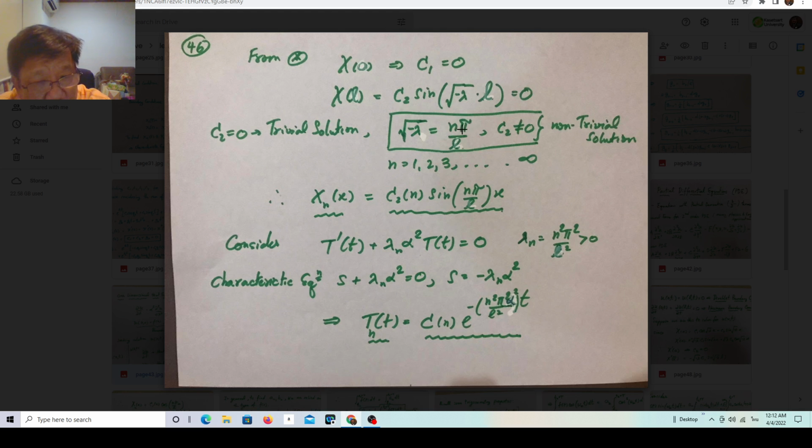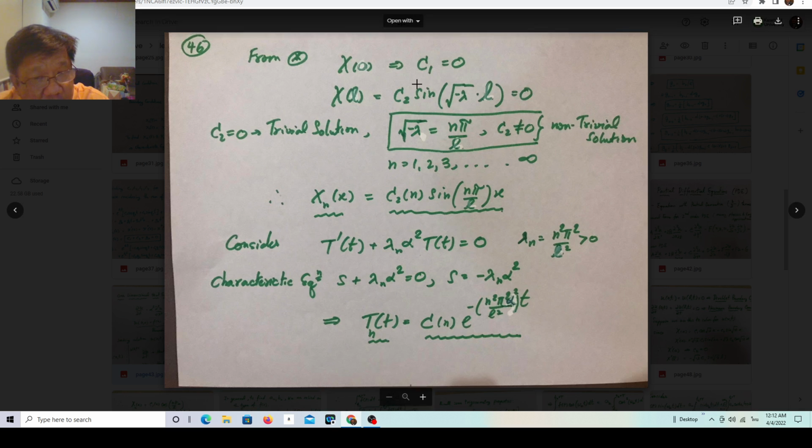Sine of n times pi is always equal to 0 when n is equal to 1, 2, 3 up to infinity. This is the non-trivial solution, which is what we are looking for. If square root of minus lambda equals n pi divided by L, then no matter what c sub 2 looks like, it can be a non-zero value.